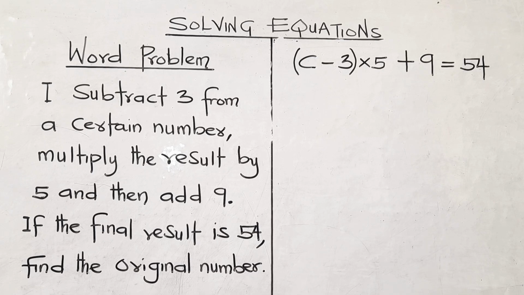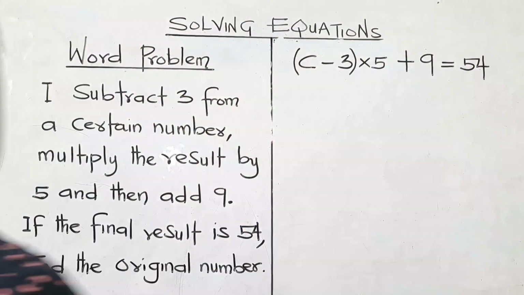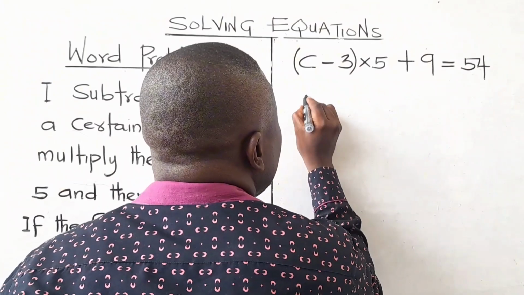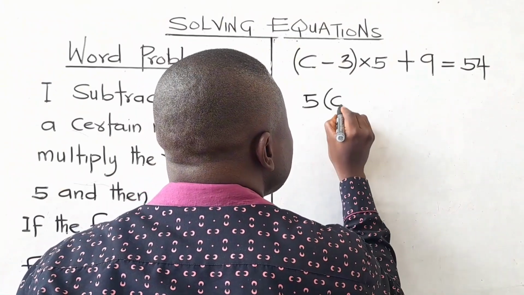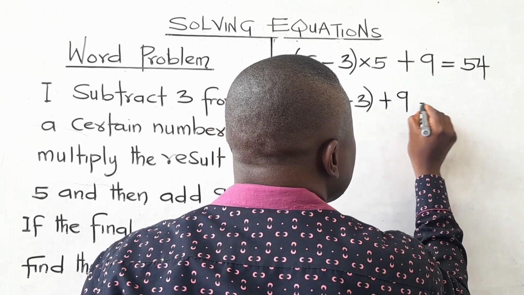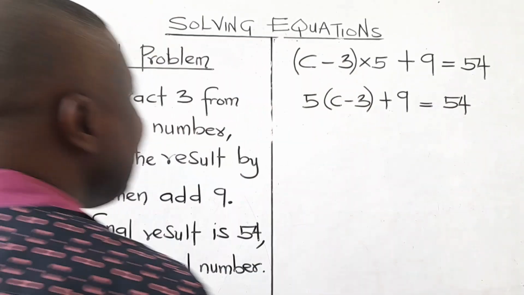The original number I'm looking for is C. I have now written the information in the question in algebraic form. Second step, now make it an equation. This is the equation: 5 bracket C minus 3 plus 9 equal to 54. Making it an equation.